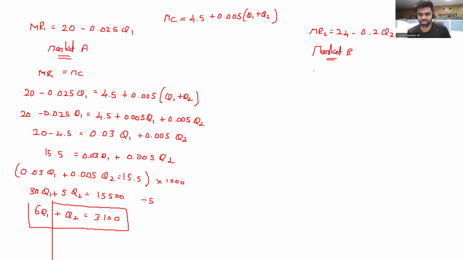Now we have to do the same for market 2. So MR2 is equal to MC. So what is MR2? 24 minus 0.2 Q2 is equal to 4.5 plus 0.005 into Q1 plus Q2.